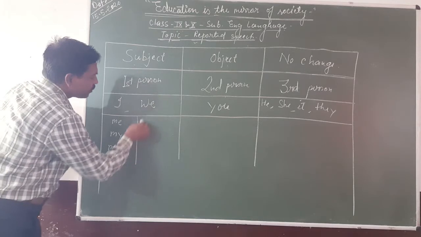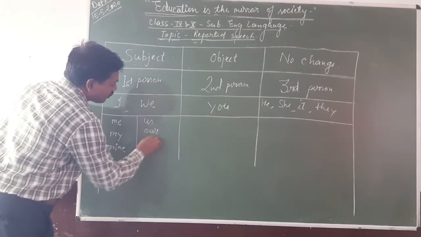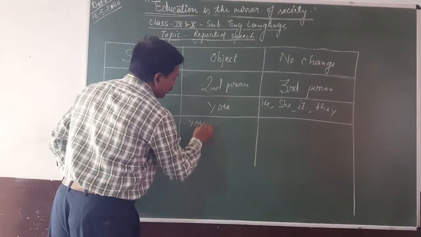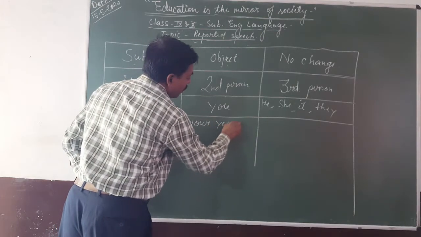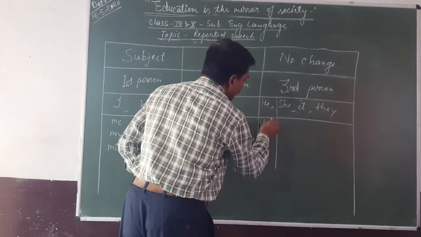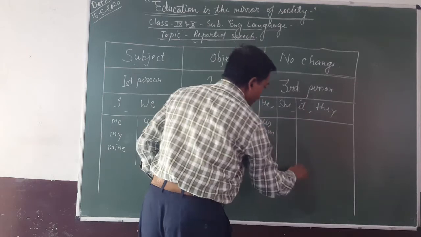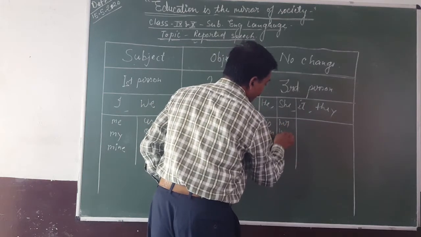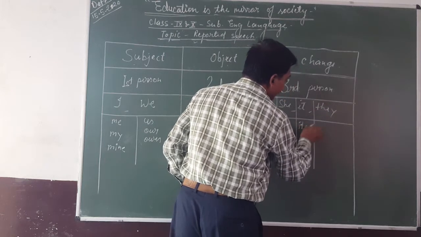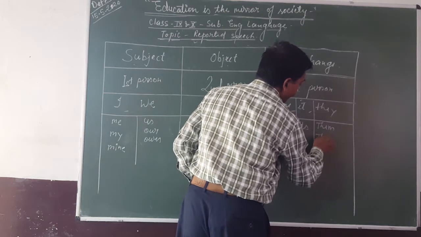You can divide like this: we, us, our, ours; you, your, and yours; he, his, him; and the objective of she, her, and hers; it, its; they, them, and their.